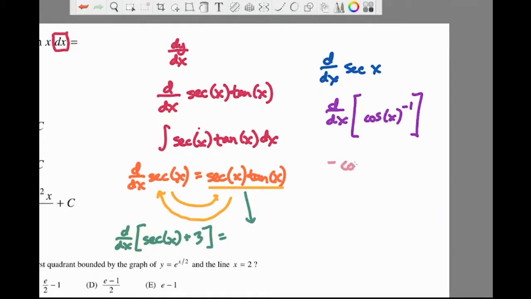So it's going to be negative cosine of x, quantity squared, or to the -2 power, times the derivative of cosine, which is negative sine of x. Okay, the negatives are going to cancel here, and you're going to be left with sine x over cosine squared x, which sine over cosine is tangent, and you're still left with one of the cosines on the bottom. So that's the secant x there.